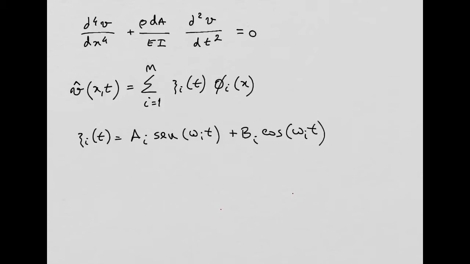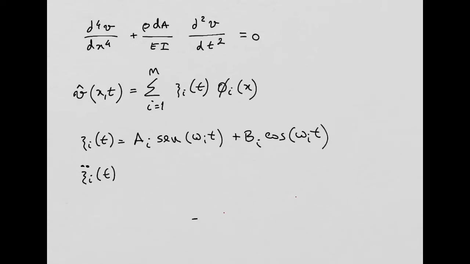And if you do the second derivative, like we did last week, we concluded that this second derivative is minus w squared, with the natural frequencies squared, times the function xi(t), right?